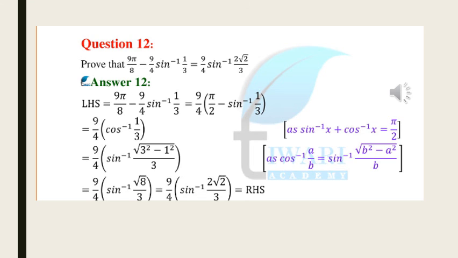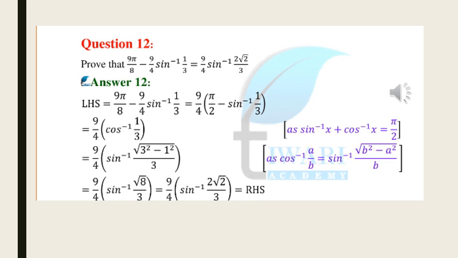Now on the right hand side we need the answer in terms of sine inverse only. Again you draw a right angle triangle and apply the basic definition of cos theta: cos is adjacent side by hypotenuse. So the adjacent side is 1, the hypotenuse is 3.